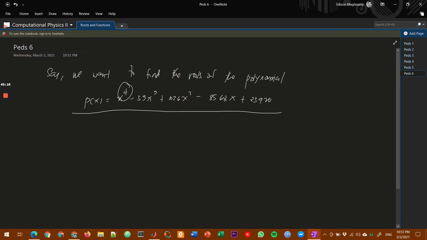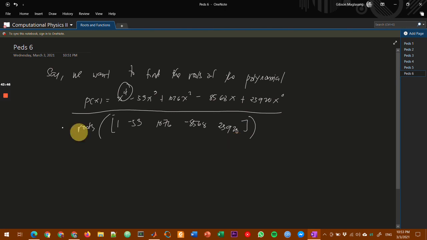For example, ang coefficient sa x to the 4, 1. Coefficient sa x cubed, we have negative 53. Sa x squared, we have 1026. Sa x is negative 8568. Tapos diri is actually x to the 0 na siya or just 1. We have 2520. Okay? So, kana. Here we have roots.